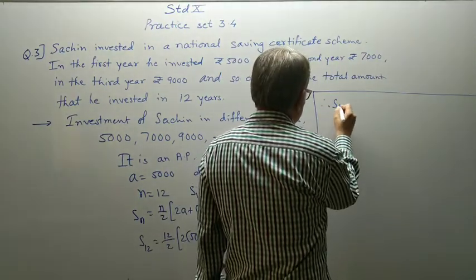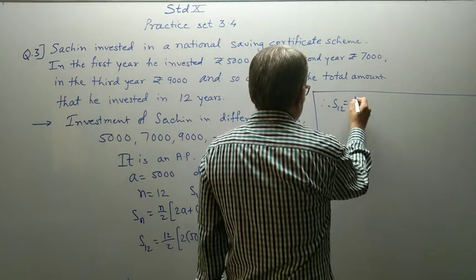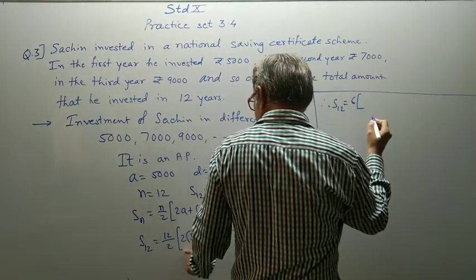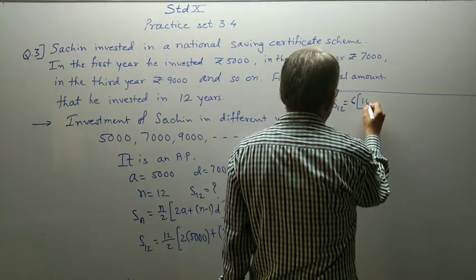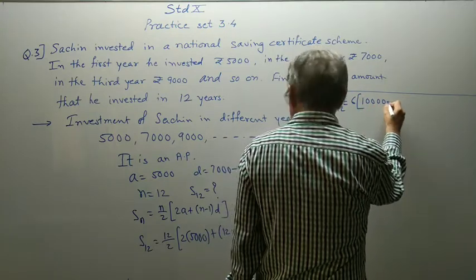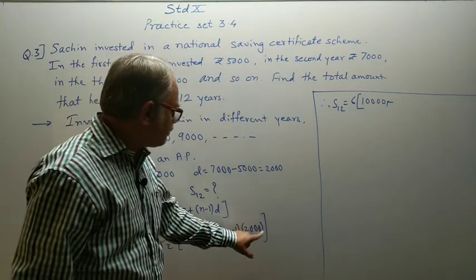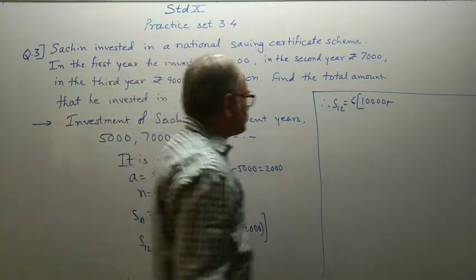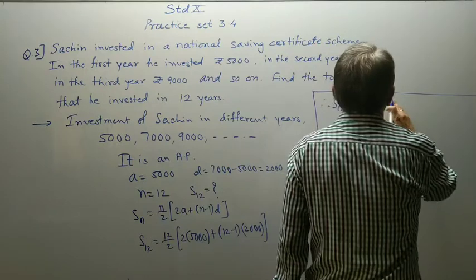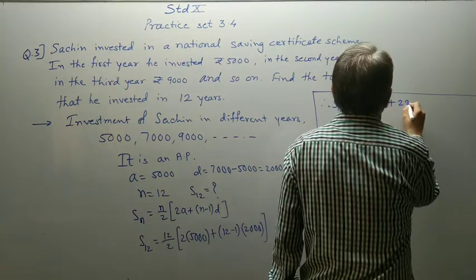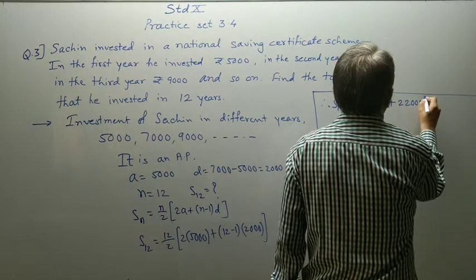Therefore, S12 is equal to 6 bracket 2 into 5,000 is 10,000 plus 12 minus 1. 12 minus 1 is 11 into 2,000. 11 into 2,000 is 22,000.